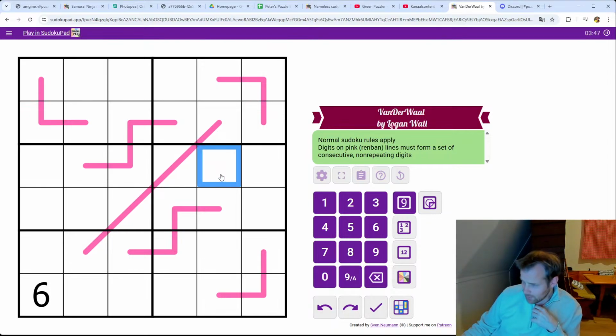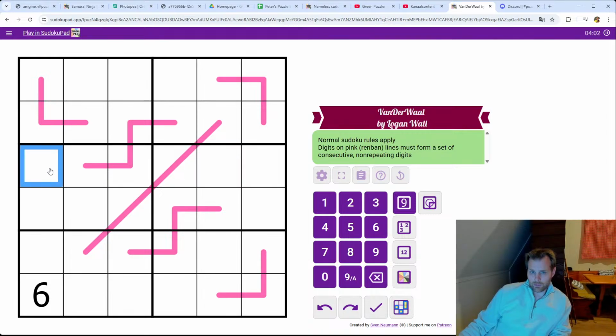But yeah, for the start, 3 and 4 go on all 4 length ribbons. So what happens if 3, 4 go in row 3, column 3, 4?